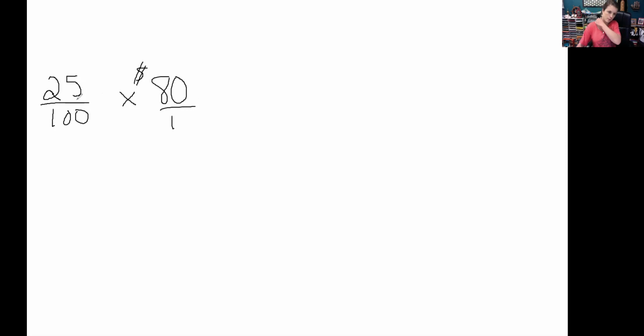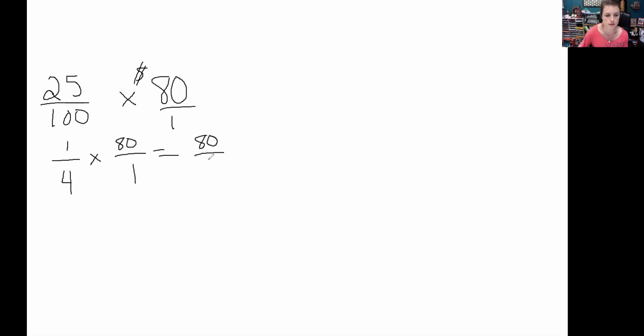So 25 per 100 of 80. Now I can reduce or cross cancel, whatever you want to do. 25 over 100 is the same as 1/4, because there are four 25s in 100. So you could do 1/4 of 80, which gives you 80 over 4.